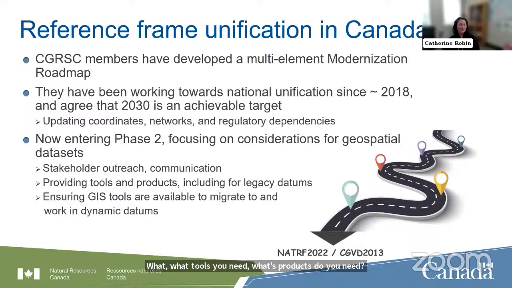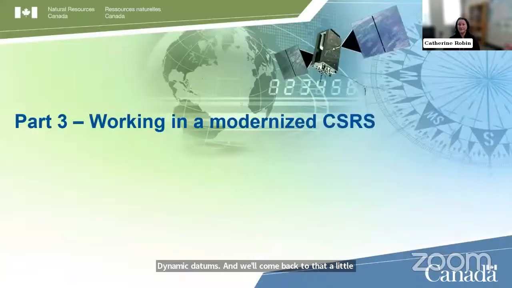So the focus right now is stakeholder outreach and communication, and this presentation today is part of it. Again, we're looking at what tools or products are needed, including for moving data from legacy datums, and ensuring that the GIS tools are available to migrate to and work in dynamic datums. We'll come back to that a little bit later as well.